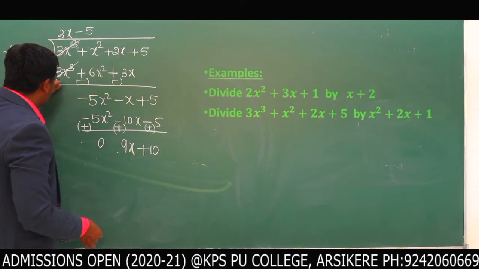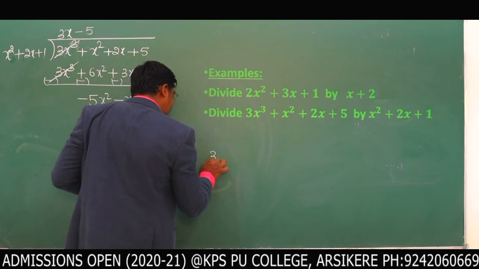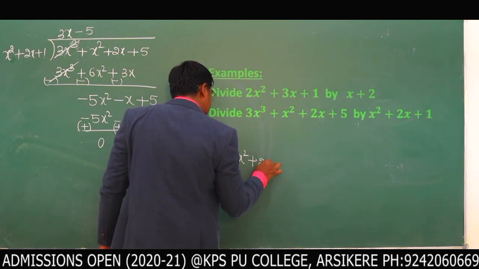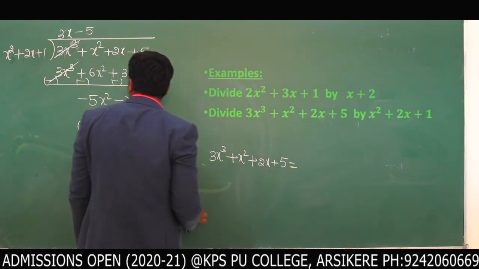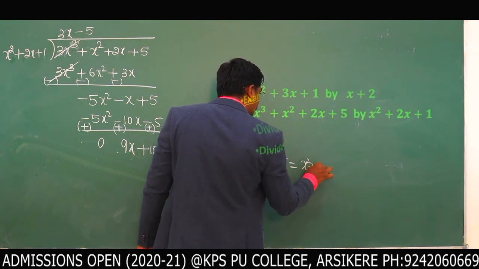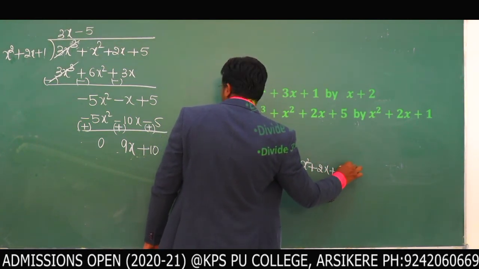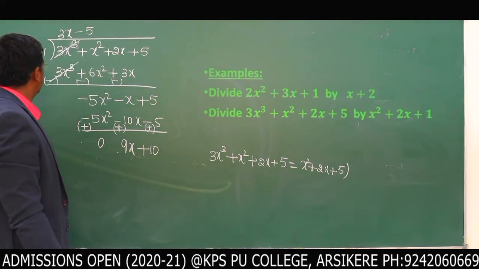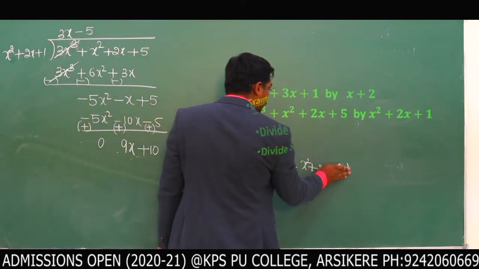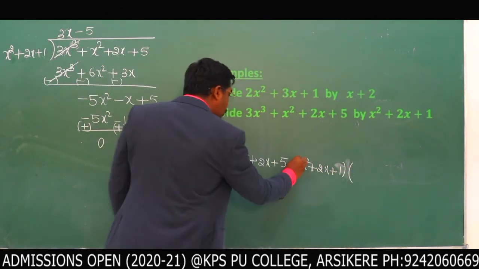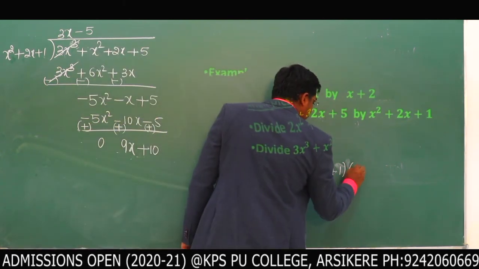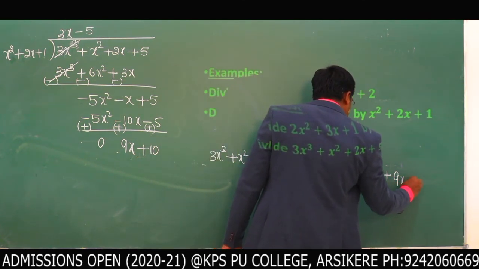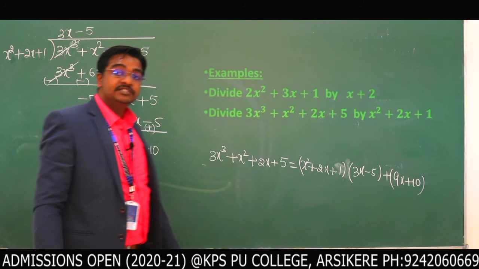This can be written in the division algorithm as 3x cube plus x square plus 2x plus 5 is equal to, what is the divisor? x square plus 2x plus 1, into, what is the quotient we obtained here? 3x minus 5, plus, what is the remainder? 9x plus 10. Okay, this is called the division algorithm.